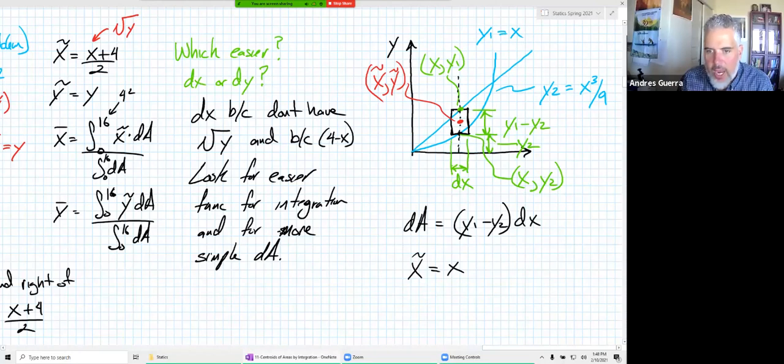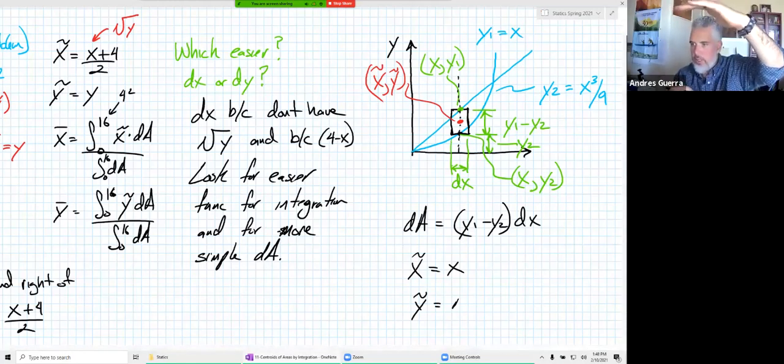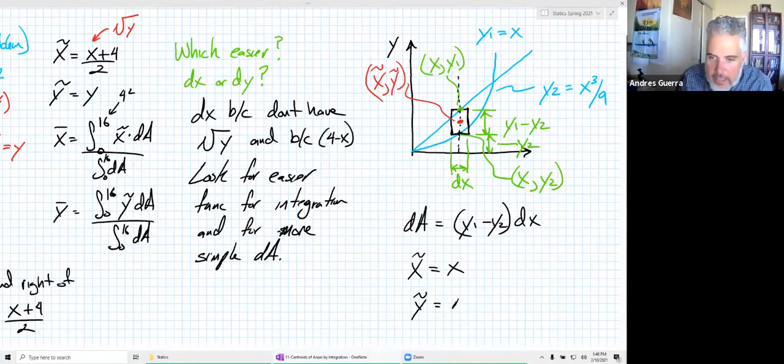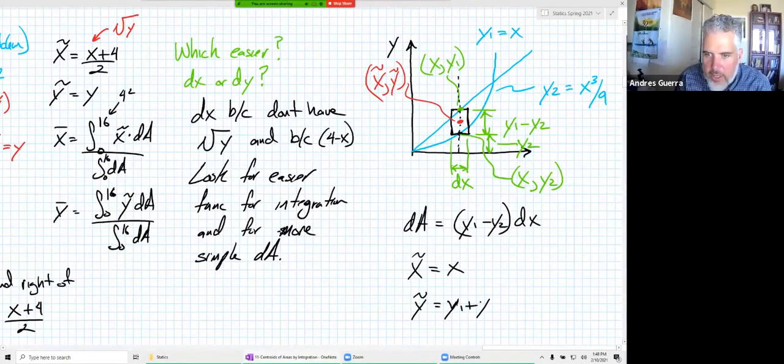And then y tilde, how did we do that before? When we have a rectangle, if I told you the bottom was at 3 and the top was at 4 meters, for example, then wouldn't that be 3.5? So the average between the two is y1 plus y2 divided by 2.